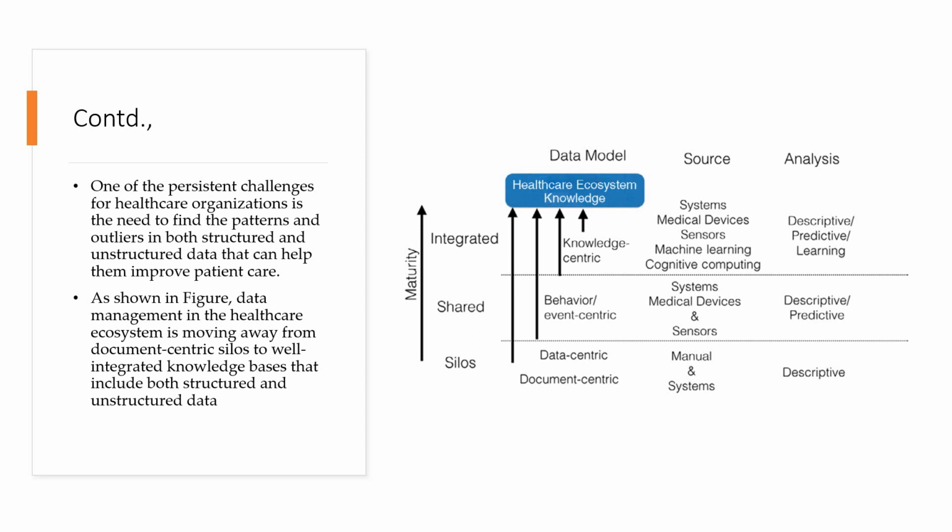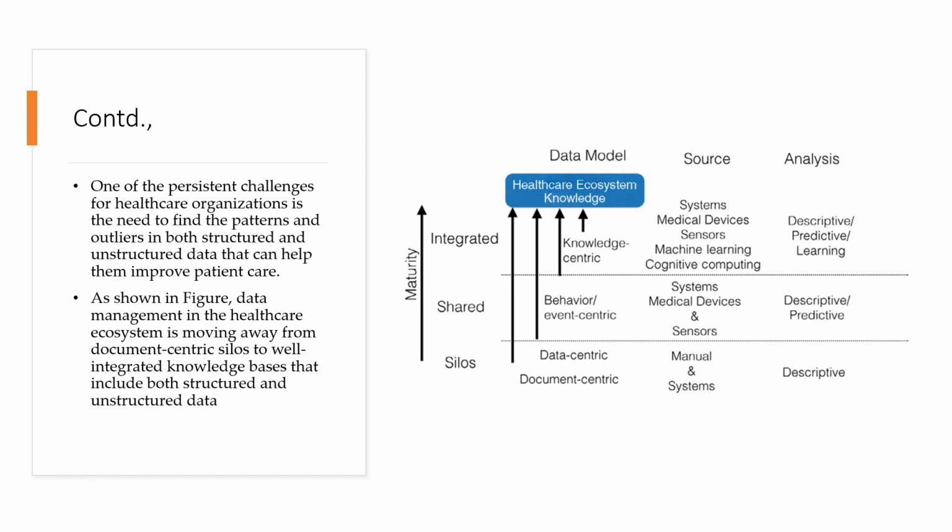Now, one of the persistent challenges for healthcare organizations is the need to find patterns and outliers in both structured and unstructured data that can help them improve patient care. Now, please see the picture which is presented to you. The data management in the healthcare ecosystem is changing.